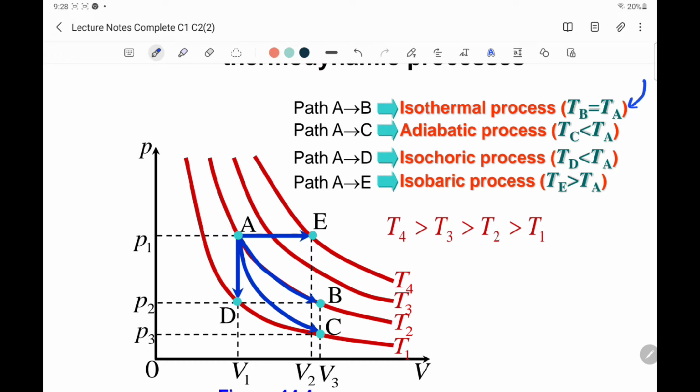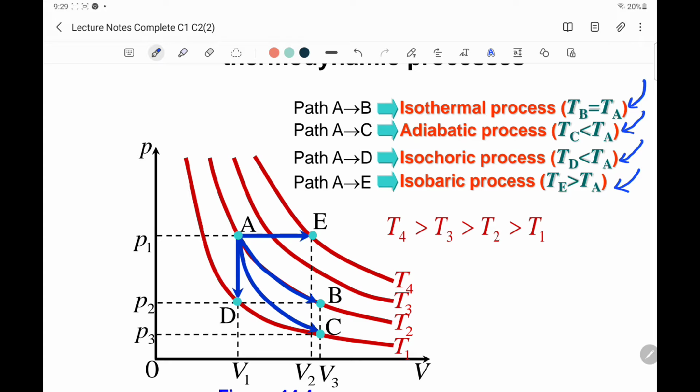If we refer to the arrow of the process, temperature at C is less than temperature at A. Path A to D is the isobaric process. Temperature at D is less than temperature at A. Path A to E is the isobaric process. Temperature at E is greater than temperature at A.